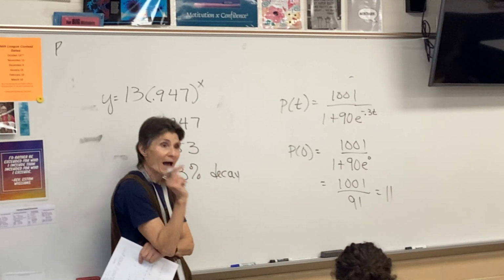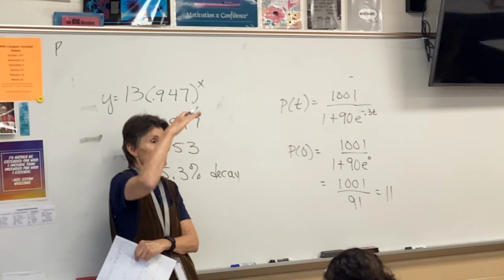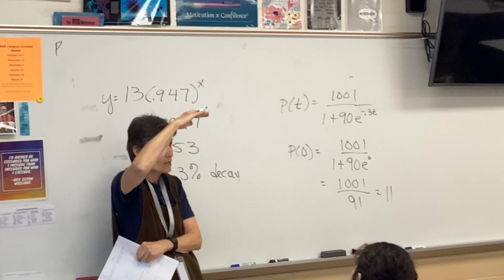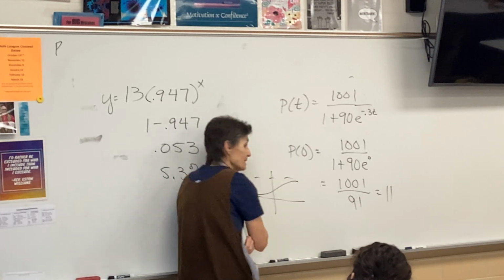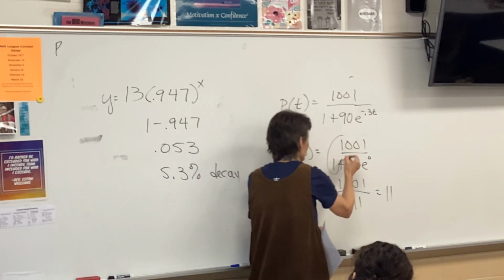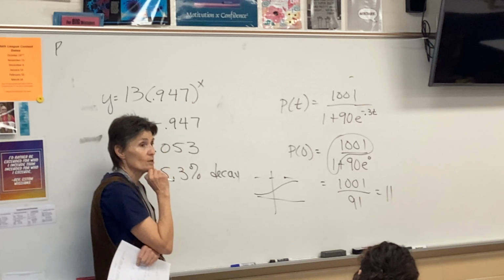Exactly. The maximum population is your limit to growth, which is your upper asymptote. Remember how it has 2 asymptotes? Just like this. It's this asymptote, and your limit to growth is right here, 1,001.